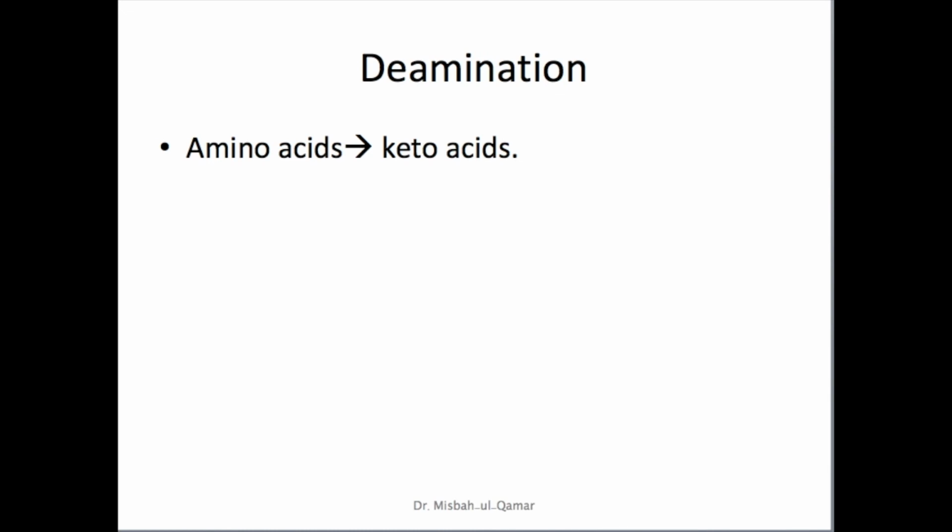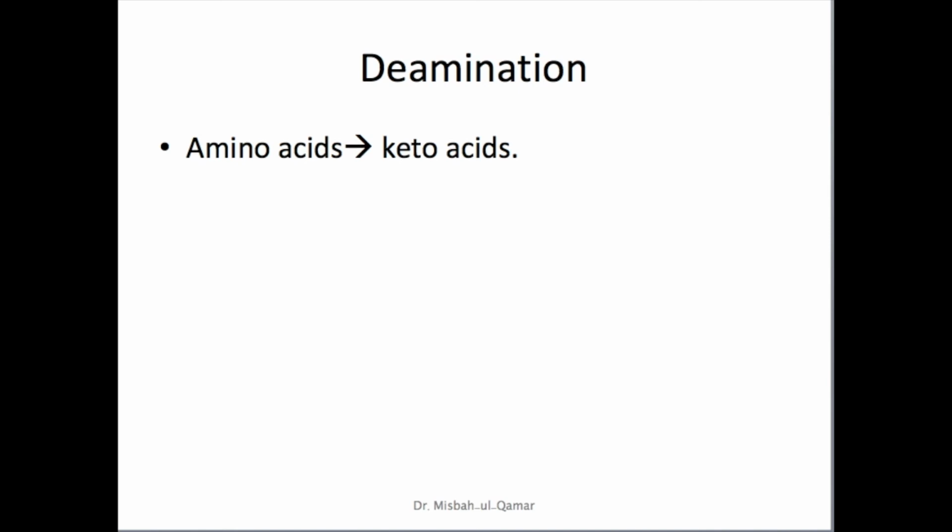Deamination is required before protein is used for energy or it is converted into carb or fat. For example, the deamination of alanine plays an important role in hepatic gluconeogenesis. Enzymatic processes convert amino acids to their respective keto acids.